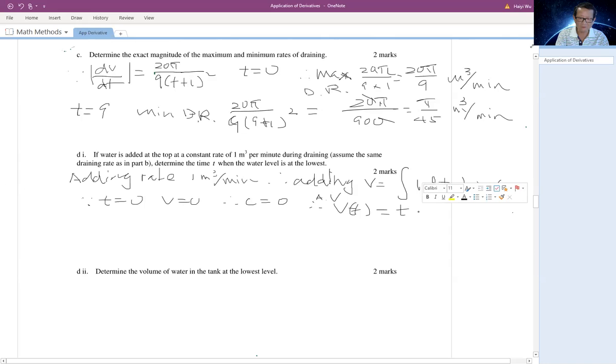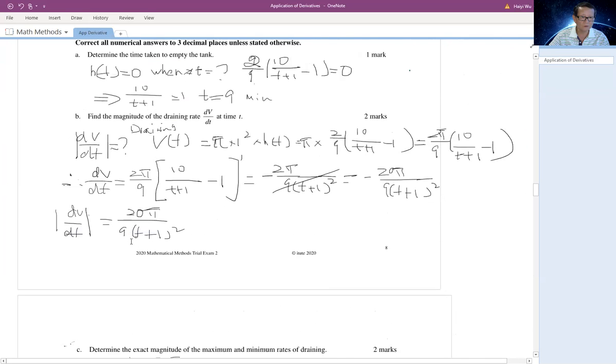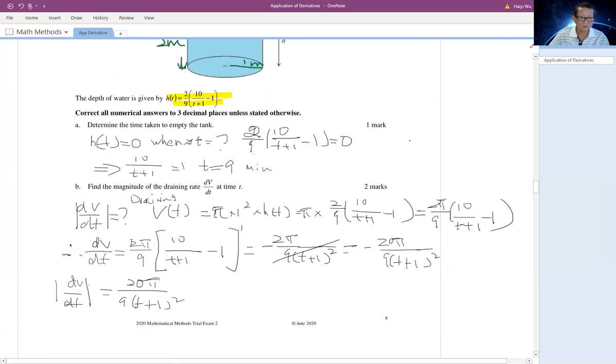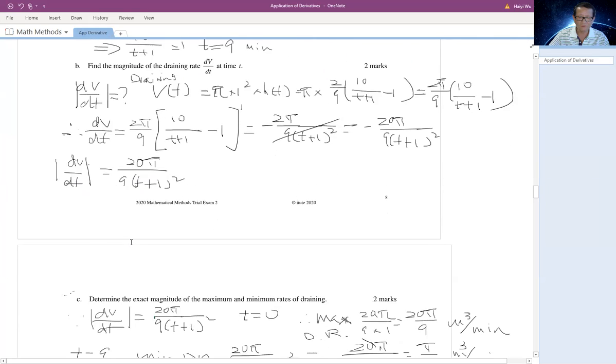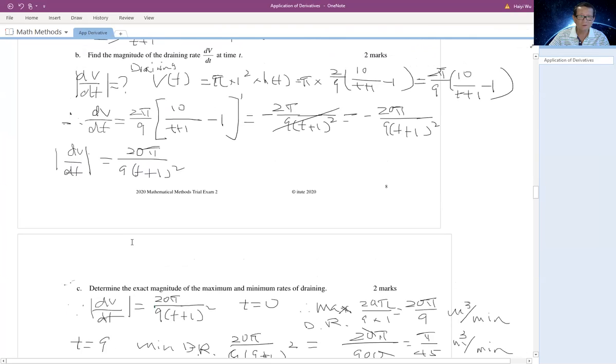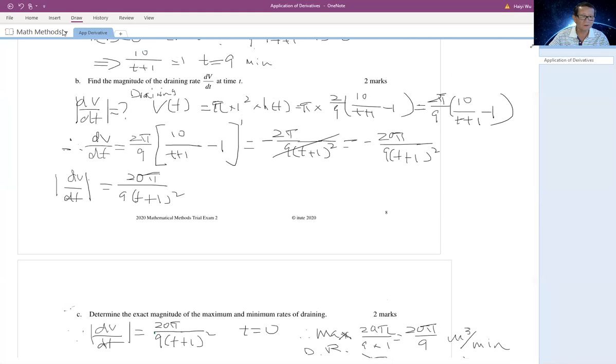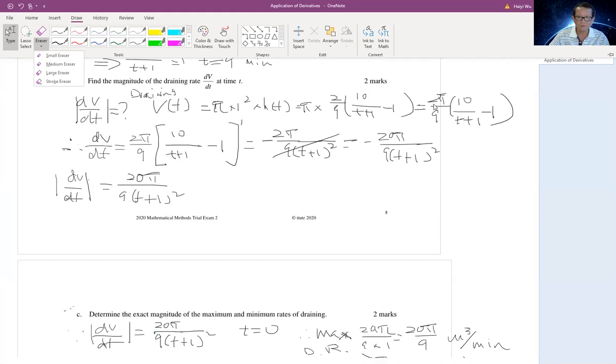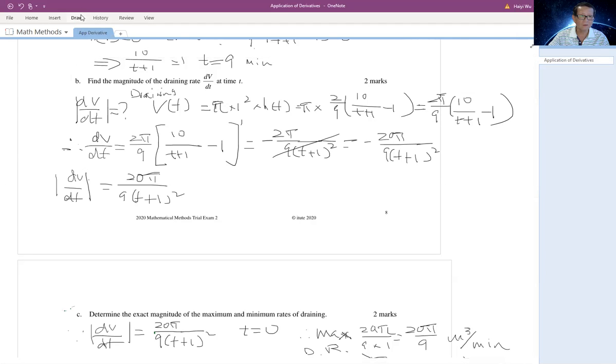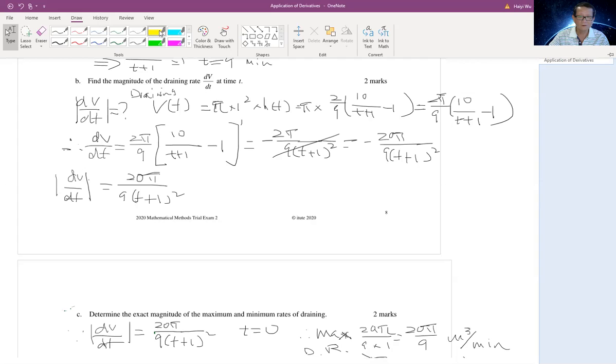All right, so this is the adding volume. The draining volume we already gave in the previous equation, which I'm going to highlight.